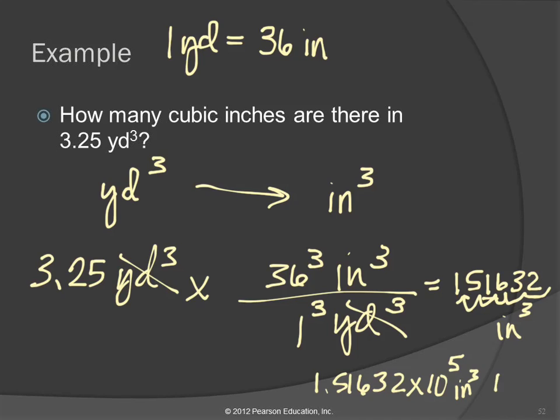So that rounds to 1.52 times 10 to the 5th cubic inches. I had all that space and I just wrote too big because I had all that space. Any questions?